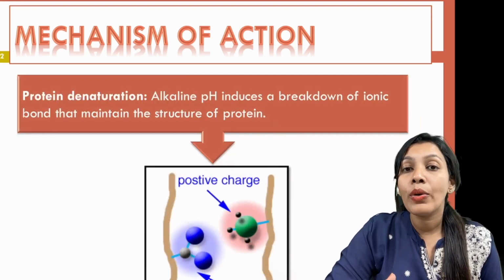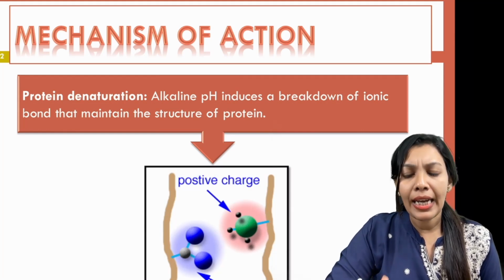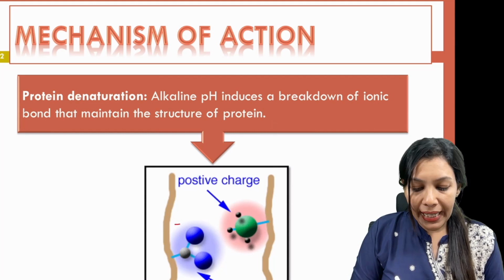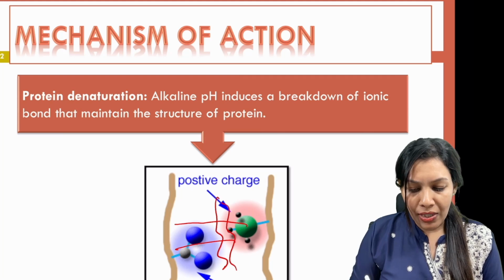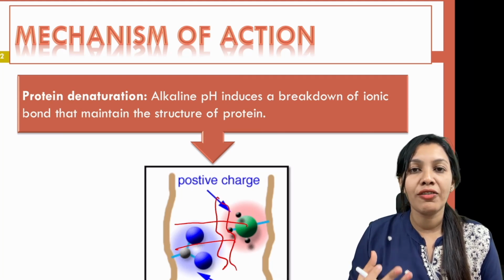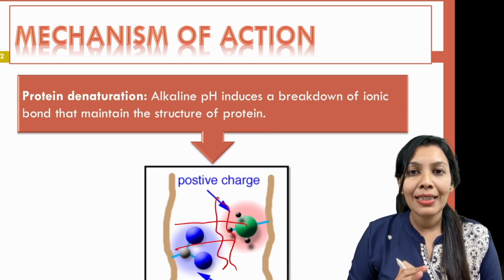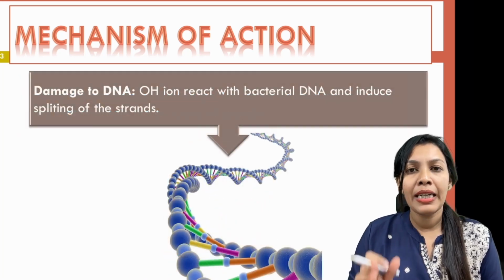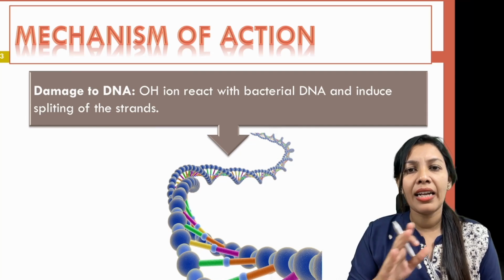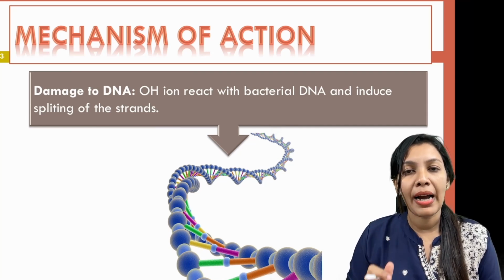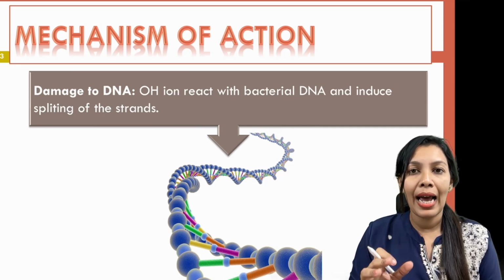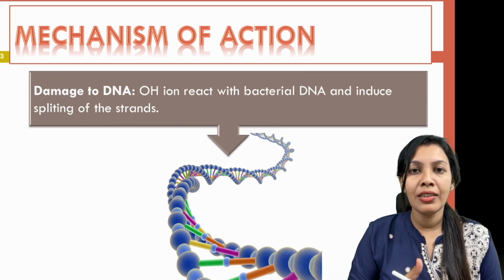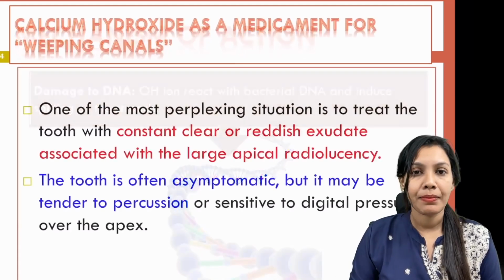Next is protein denaturation. The bonding between proteins is disrupted. There is complete destruction of the protein taking place. Next is the action on DNA. The DNA strands are split by this calcium hydroxide. So these are the three important actions of calcium hydroxide: its action on proteins, cell membranes, and DNA.